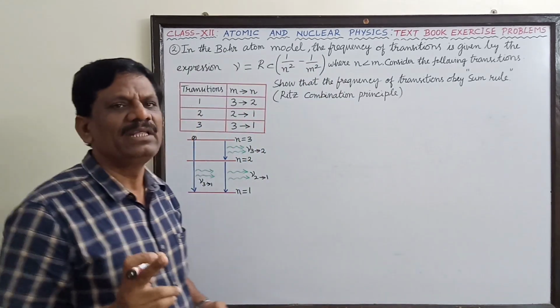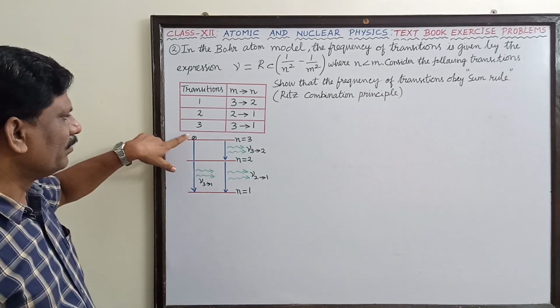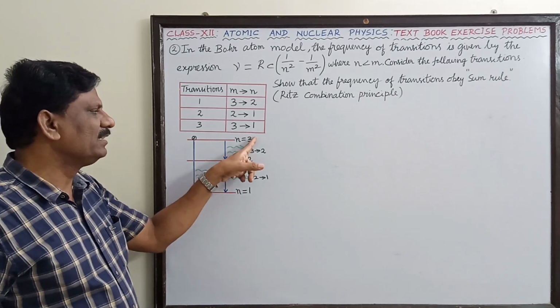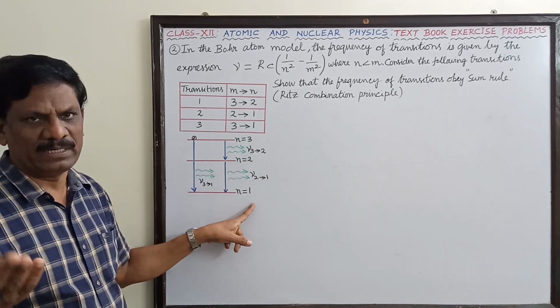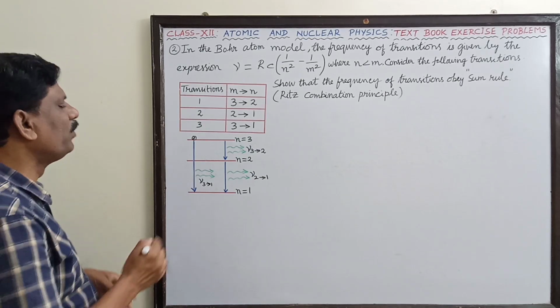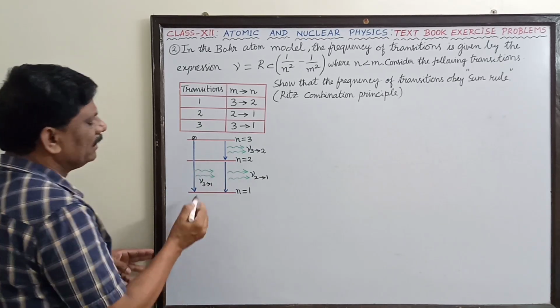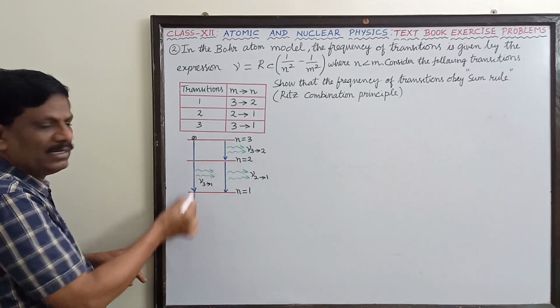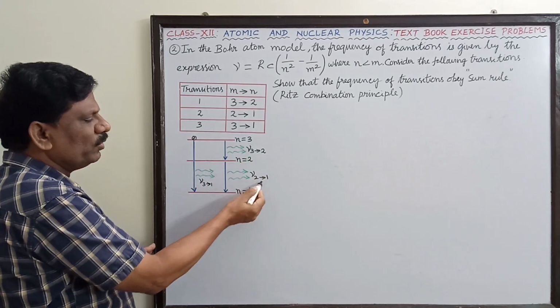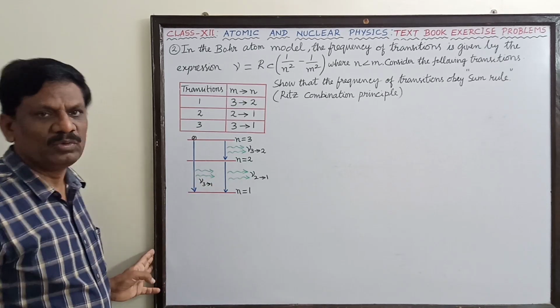Therefore the energy radiated from 3 to 1 must be equal to the sum of energies 3 to 2 and 2 to 1. Since energy is directly proportional to the frequency, we have to prove that nu 3 to 1 must be equal to nu 3 to 2 plus nu 2 to 1. We are going to prove this.